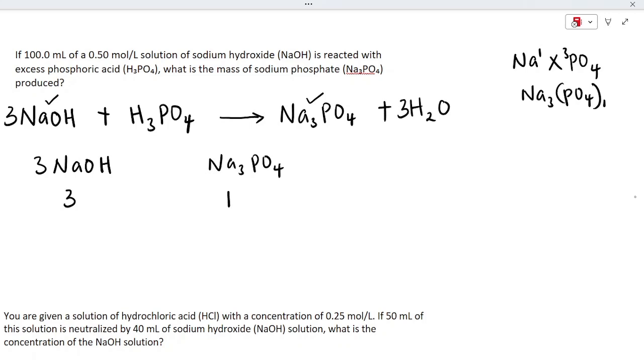Then the next thing we simply have to do is, because we are given concentration and volume again, it is easier to get the number of moles. And you can remember, having used the formula, we know that number of moles equals concentration times volume. And always remember, our volume needs to be in liters, not in milliliters.